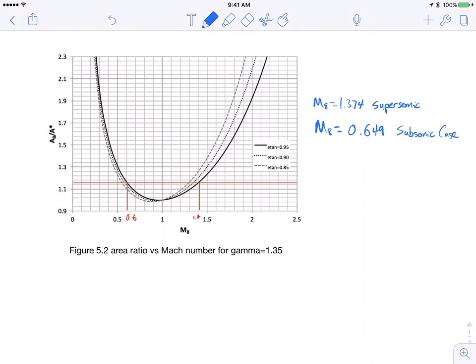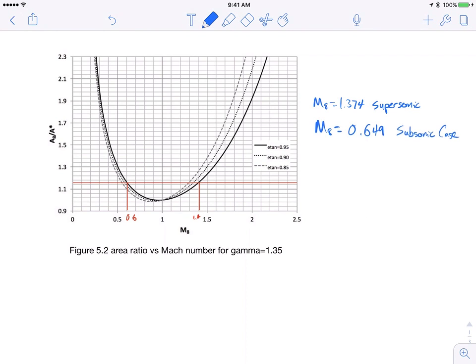Once again, if you know your Mach number, you can look up in the isentropic flow equations this ratio of static to total pressure. But unfortunately, that's, again, for isentropic flow with a nozzle efficiency of 1.